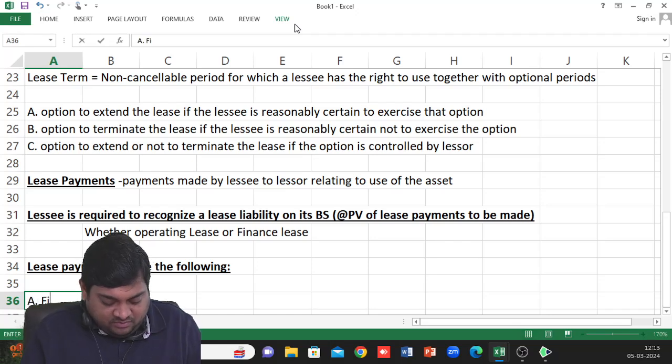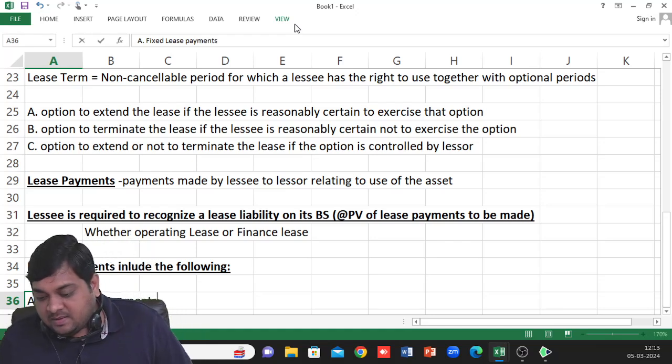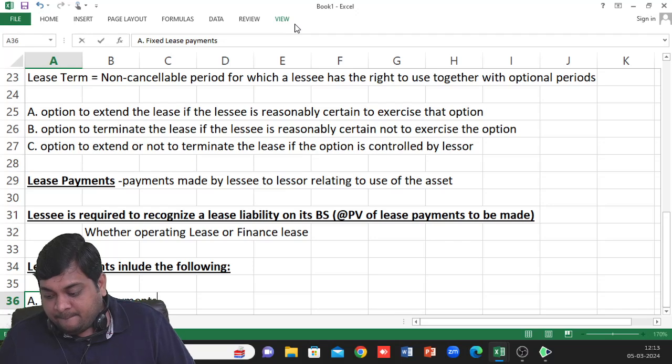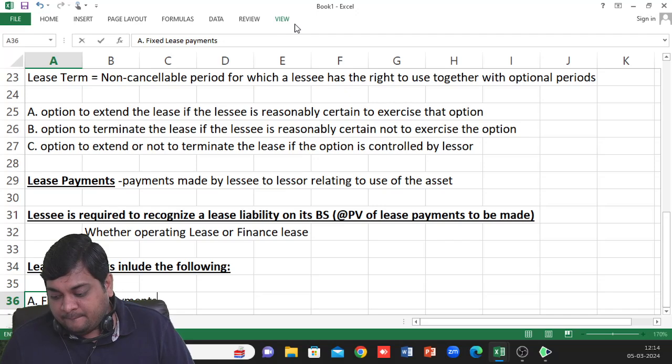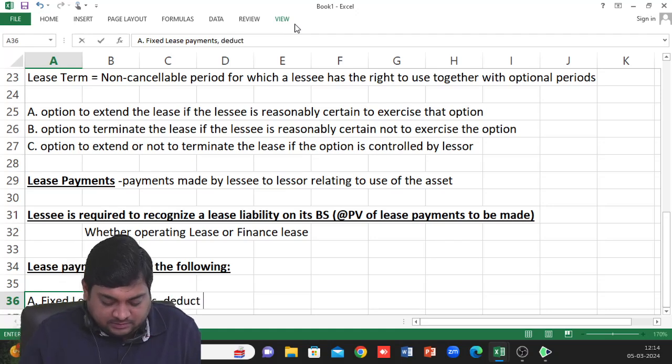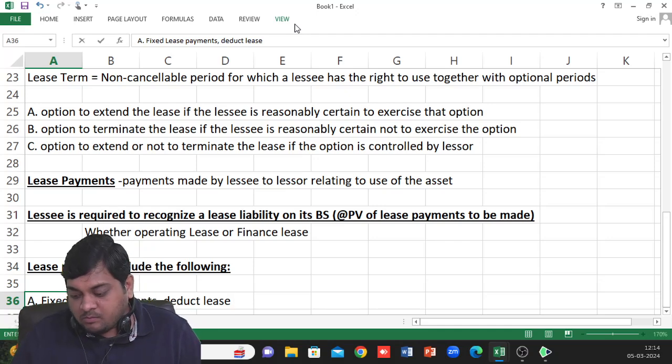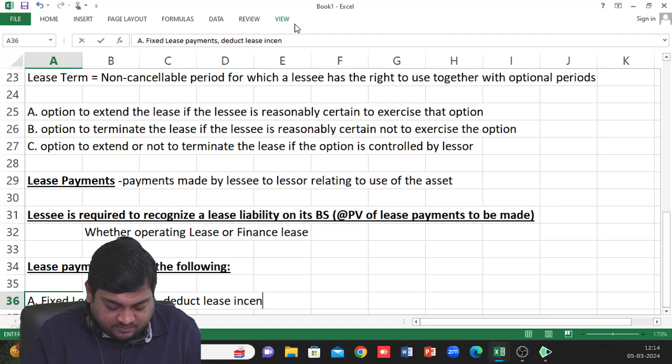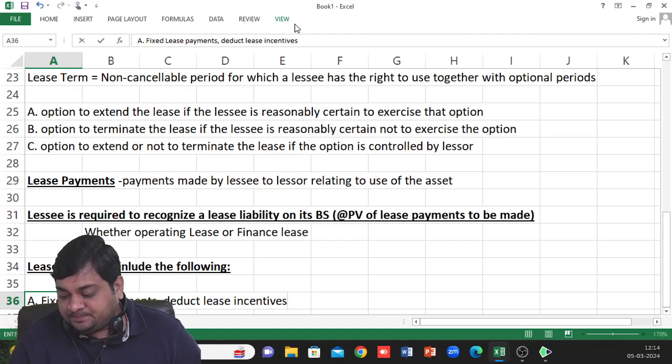So number A, we have fixed lease payments. Right, deduct lease incentives, right?